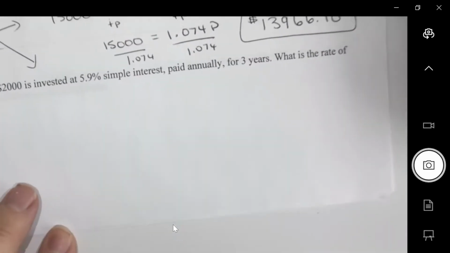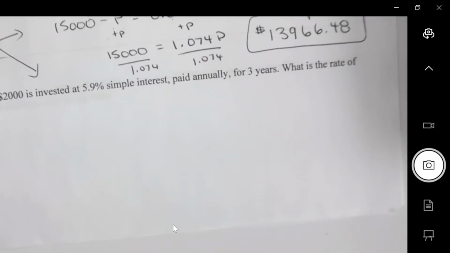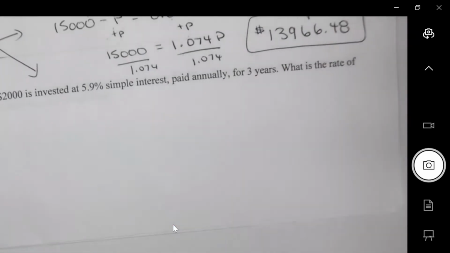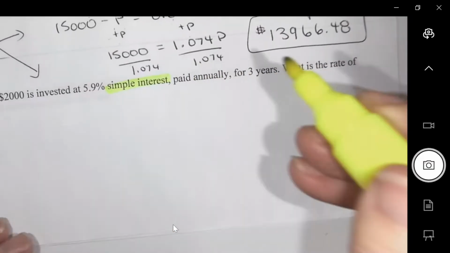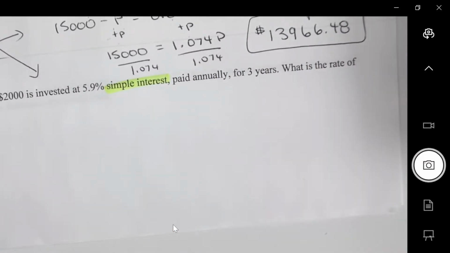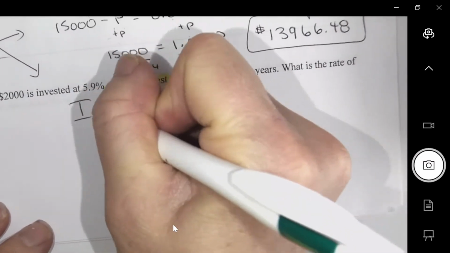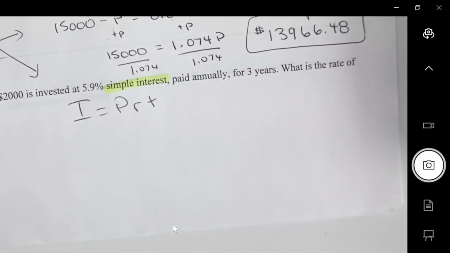Number 4. So again, every time you read a question, you just say, which of the 3 strategies? Reading, I saw the words simple interest. I equals PRT. You can see that I've done a good job of mixing this up, but on your test it is mixed up.